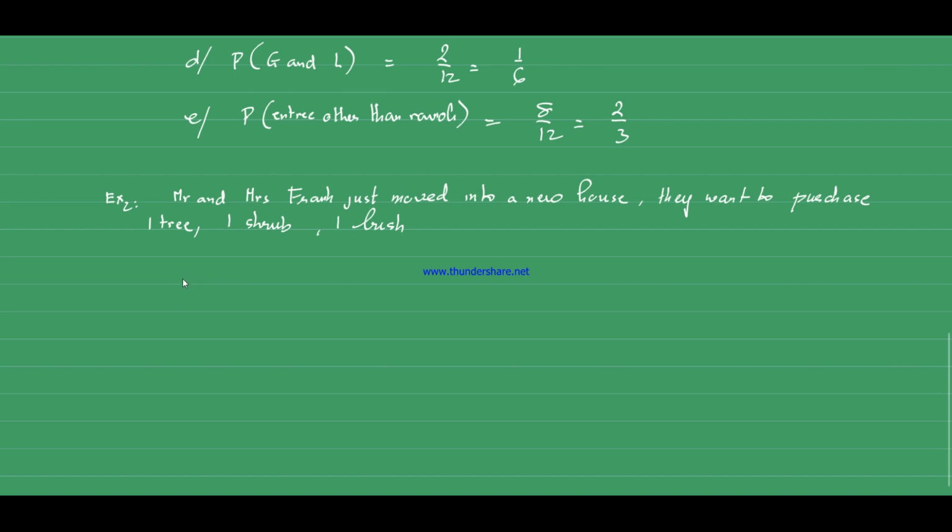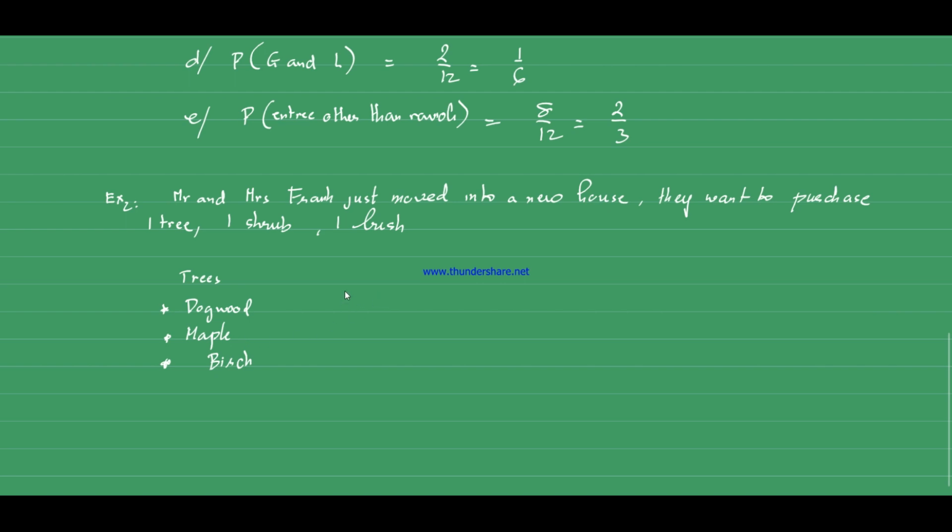So for tree, we have different types of tree. We have dogwood, maple, and birch.